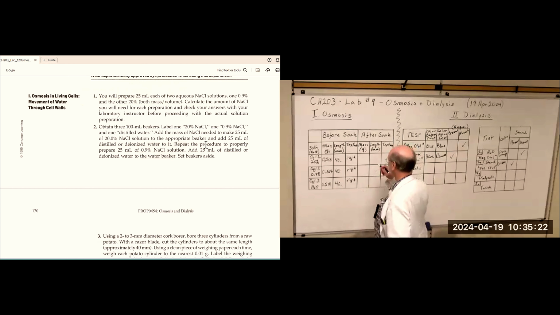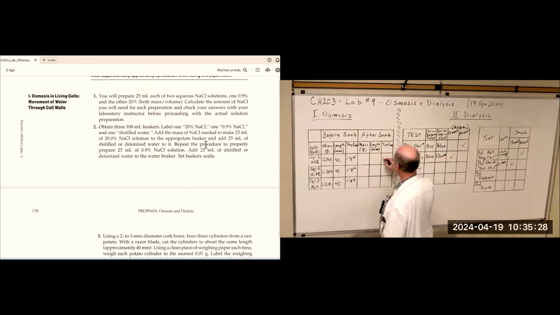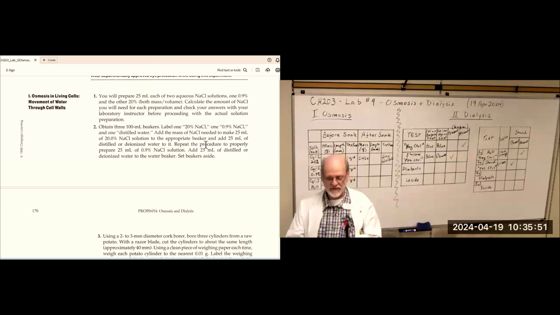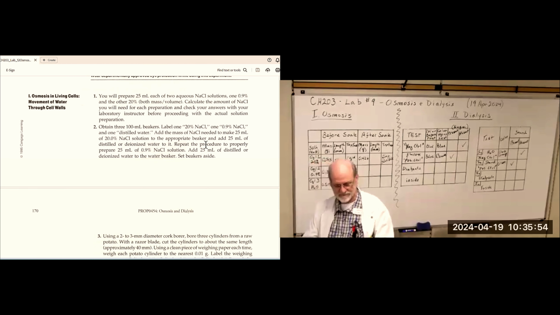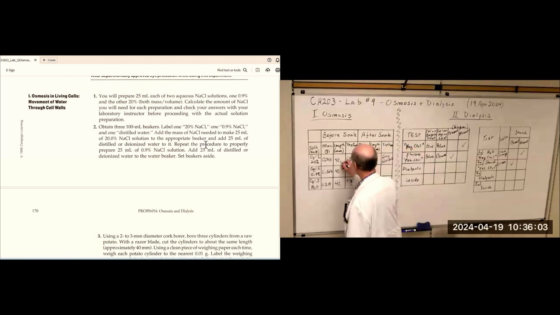Flexible. 0.426. Oh, and we also need a length. Measure the length. Three point six.